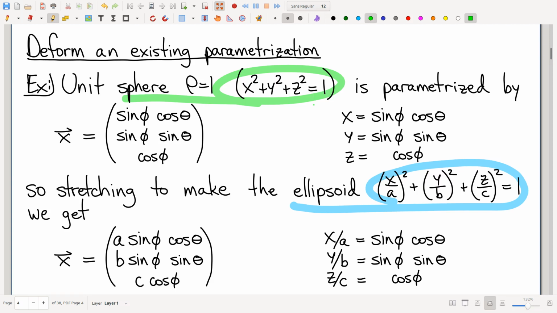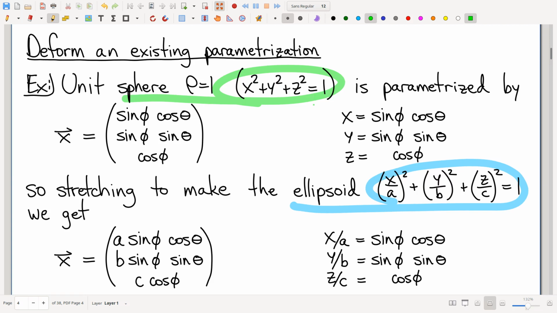I need to stretch by a factor of A in the x direction, a factor of B in the y direction, a factor of C in the z direction, and that will turn this into that, right? Flashbacks to chapter 1. All right. Well, let's just do that one step at a time.